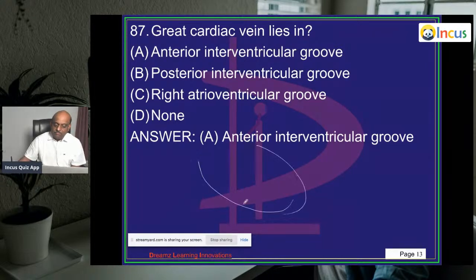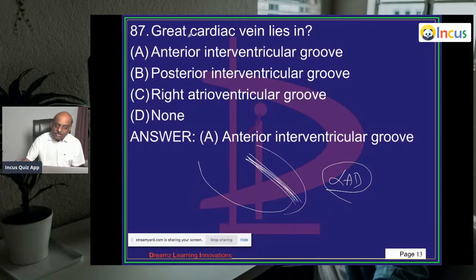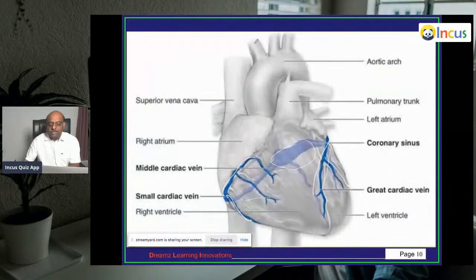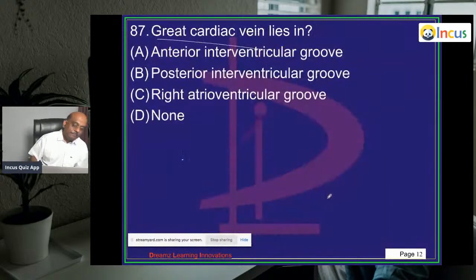Great cardiac vein, where does it lie? So typically, if you look at the anterior surface of the heart, interventricular groove is there, right? In that you have the left anterior descending artery passing. In that you have the great cardiac vein. The great cardiac vein will be passing, is what you need to remember.